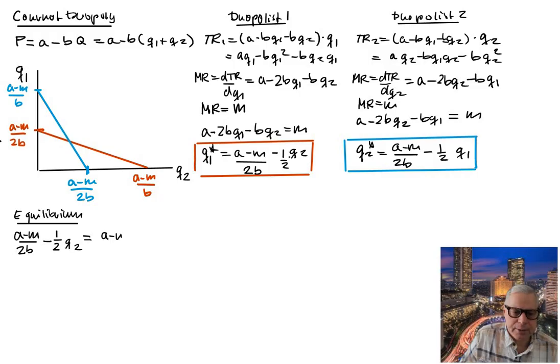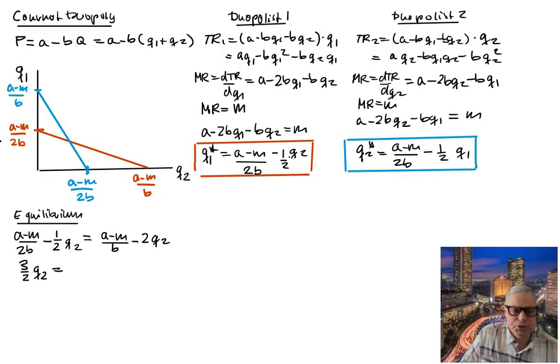which is (A minus M) over B minus 2 times Q2. Okay, now we solve for Q2, and then we put the two Q2's on each side, and I am left here with 3 over 2 Q2, and then I subtract half an (A minus M)/B from an entire (A minus M)/B.